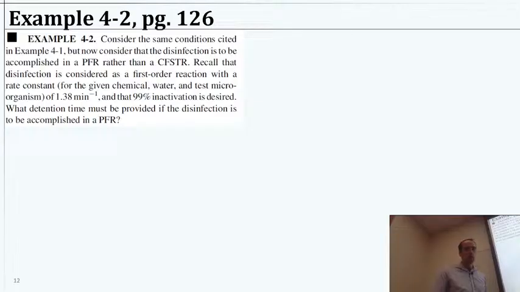For this particular scenario, the k is 1.38 per minute, and we have a 99% inactivation that we desire. What detention time must be provided if the disinfection is to be a plug flow reactor? Now, we haven't really talked about plug flow reactors today yet, but you should remember what we've talked about in the past. So good little challenge for you to recall that if you need.